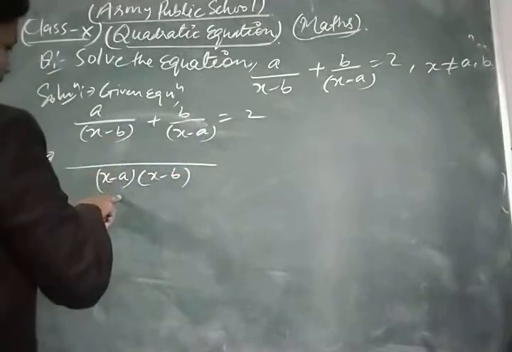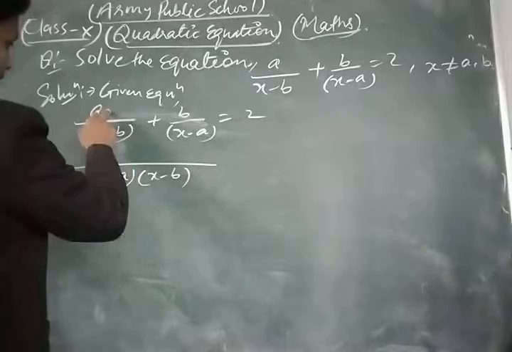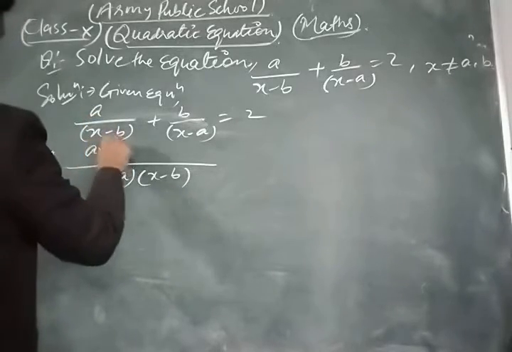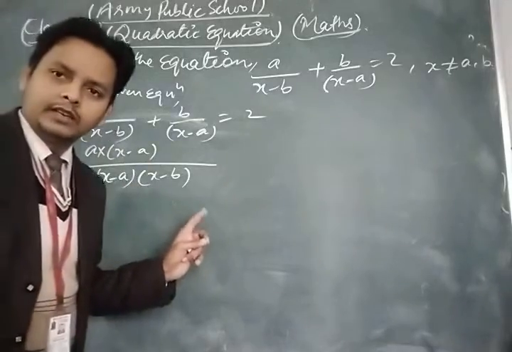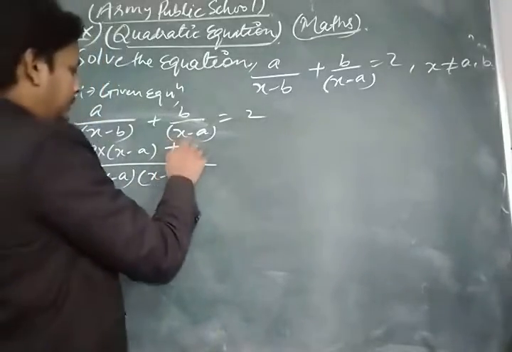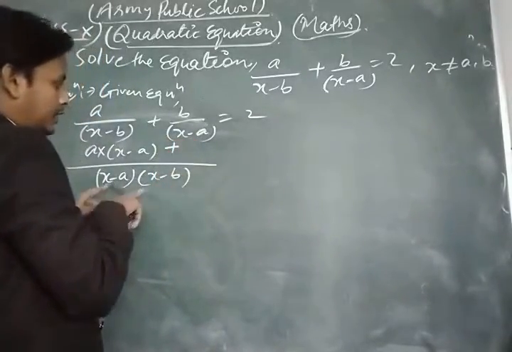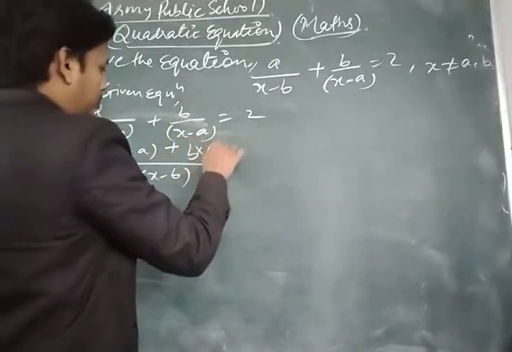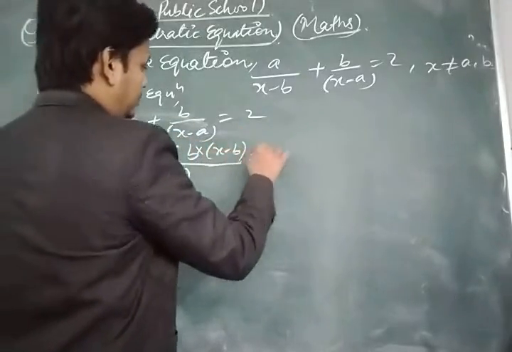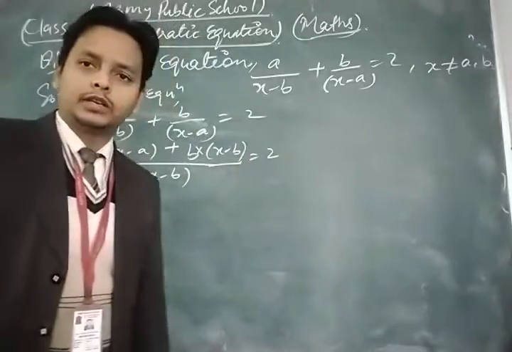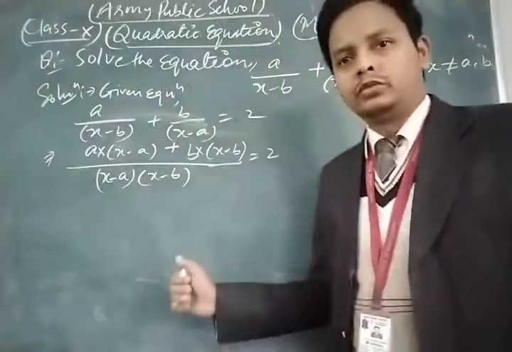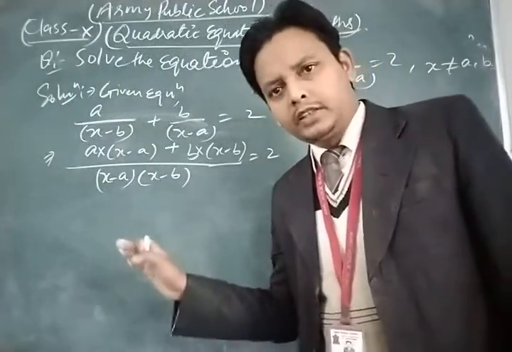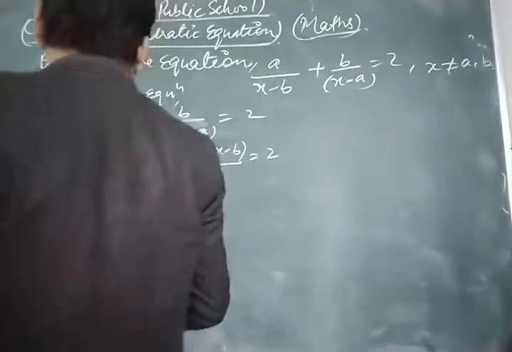Now look, x minus b cancels with x minus b, so we get a into (x minus a) left here. Okay, now x minus a cancels as well, so that is b into (x minus b), is equal to 2. Now we simplify the given relation.